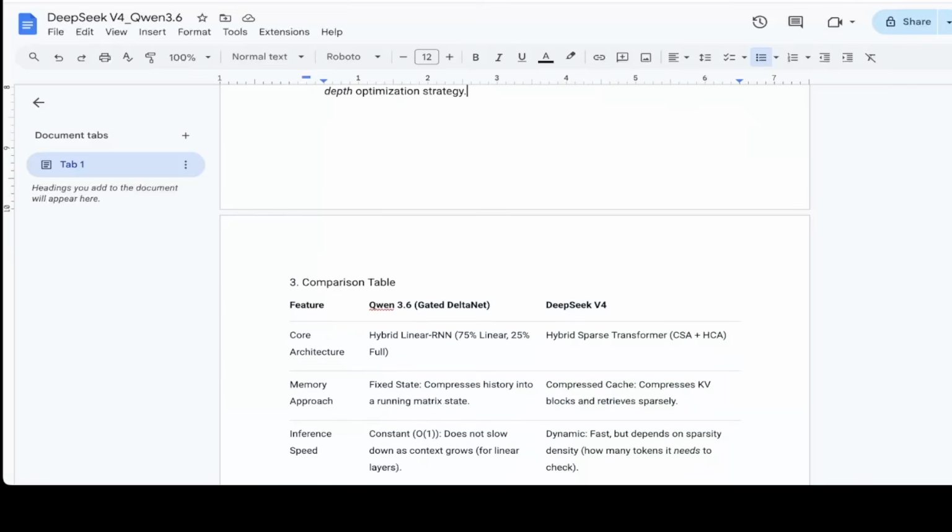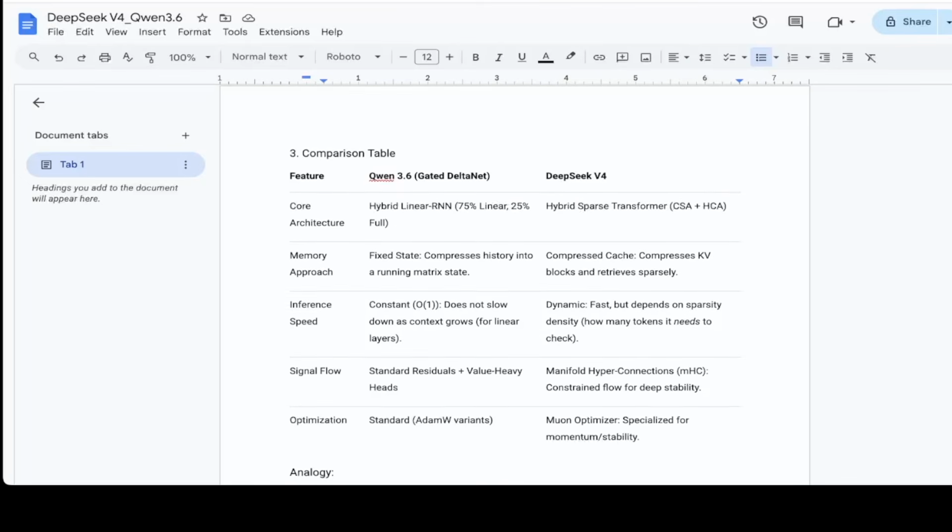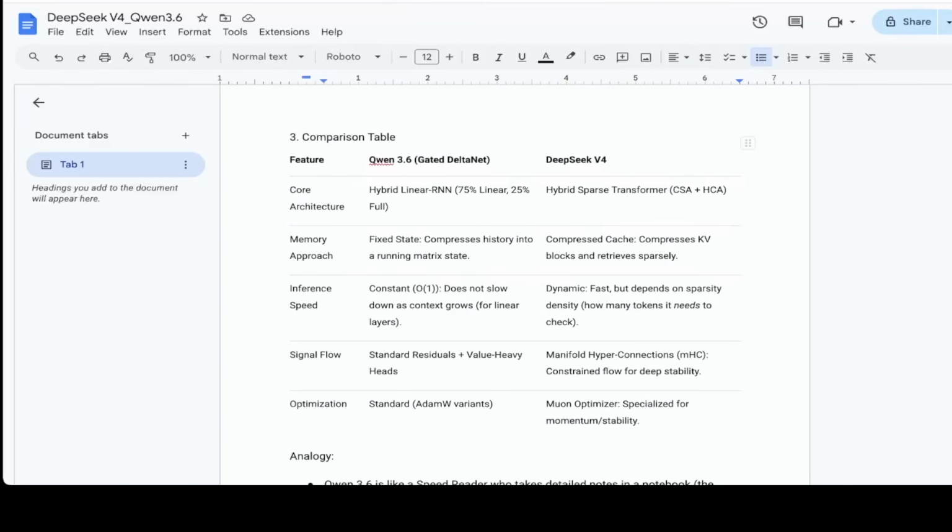And for the comparison summary, for Qwen3.6 and DeepSeek V4: Qwen3.6 uses a hybrid linear recurrent neural network, while DeepSeek V4 uses sparse attention and compressed attention.